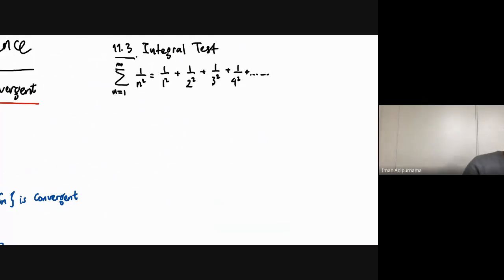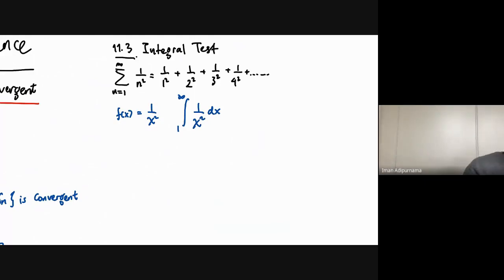If you remember, in chapter 7 of Calculus 1, we discussed the function 1 over x squared, right? And we discussed the integration of 1 over x squared from, let's say, 1 to infinity, dx. Okay. So we are going to have a similar approach.